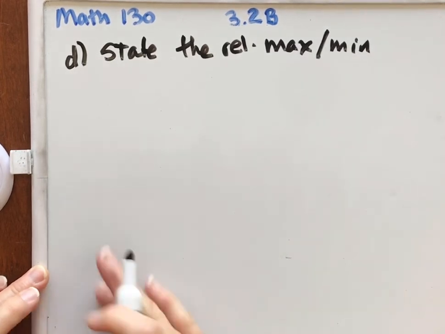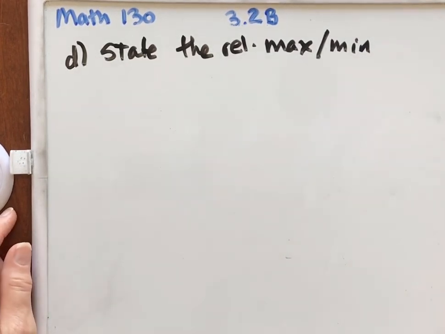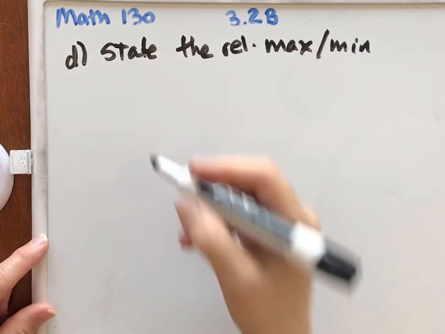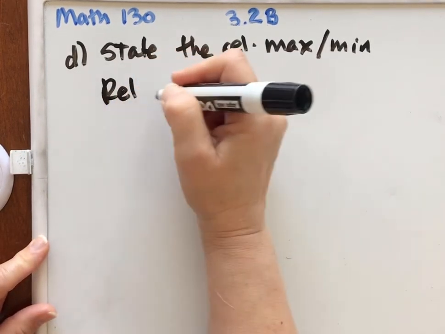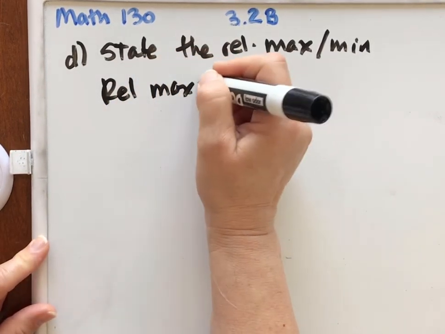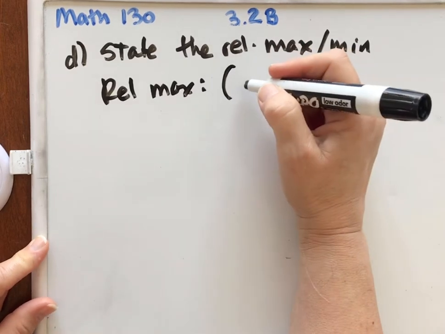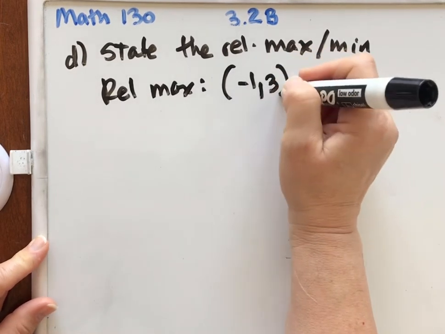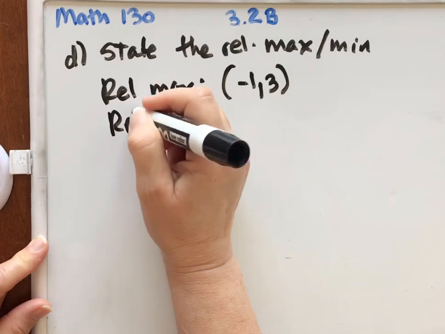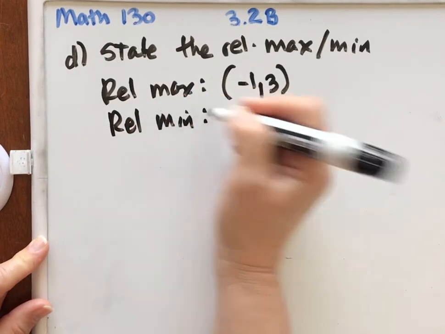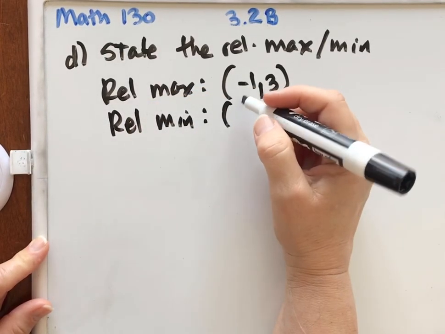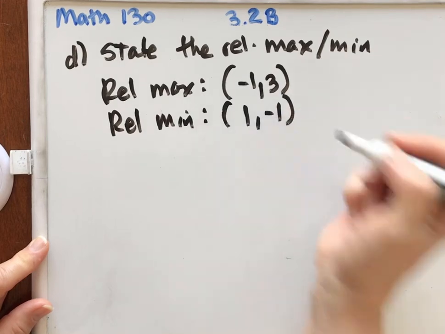State the relative maximum and the relative minimum. Okay? The relative max is at point (-1, 3), and the relative min is at point (1, -1).